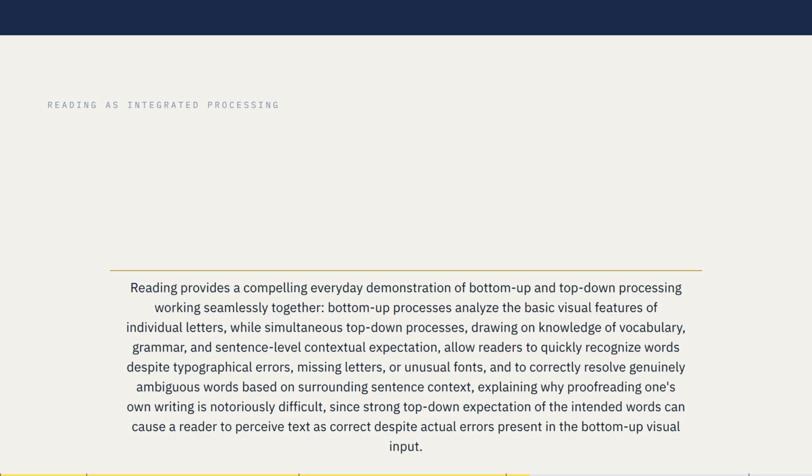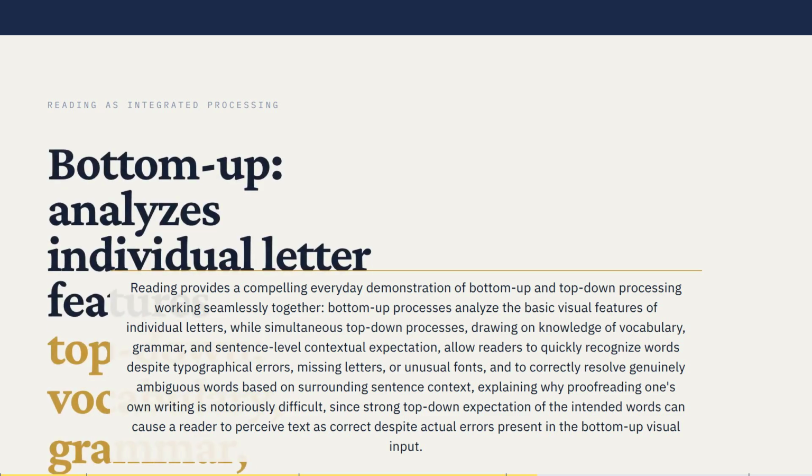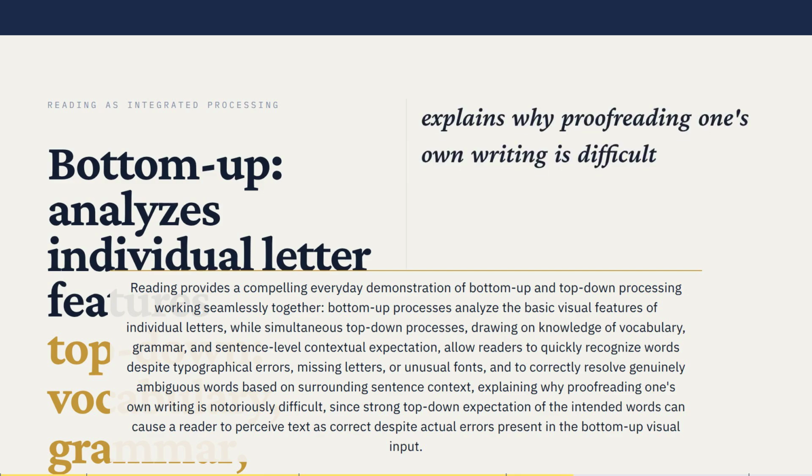Bottom-up processes analyze the basic visual features of individual letters, while simultaneous top-down processes, drawing on knowledge of vocabulary, grammar, and sentence-level contextual expectation, allow readers to quickly recognize words despite typographical errors, missing letters, or unusual fonts, and to correctly resolve genuinely ambiguous words based on surrounding sentence context, explaining why proofreading one's own writing is notoriously difficult, since strong top-down expectation of the intended words can cause a reader to perceive text as correct despite actual errors present in the bottom-up visual input.